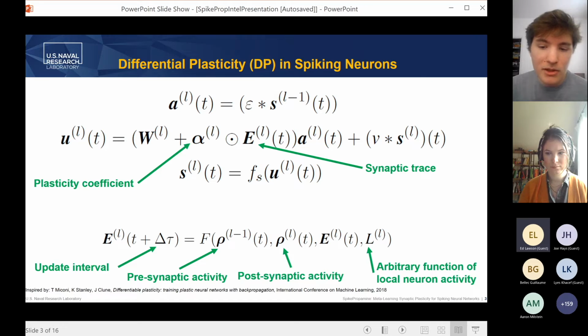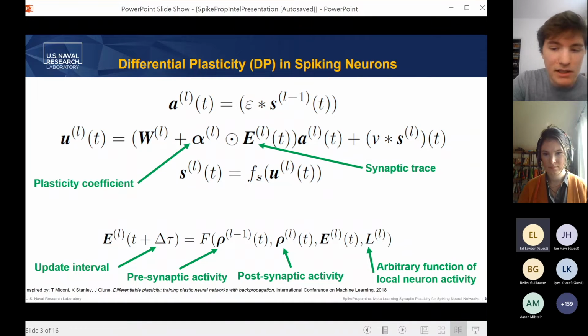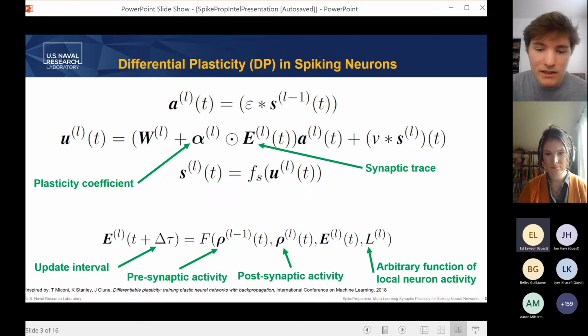In modifying the SRM equation, we add both a set of fixed weights, like from the previous set of slides, and a synaptic trace, along with a learning rate for that trace. You can see that in the second equation there, we have the plasticity coefficient alpha, and then the synaptic trace E. The dynamics of the synaptic trace define plasticity in the network and follow a generalized structure demonstrated by the bottom equation.